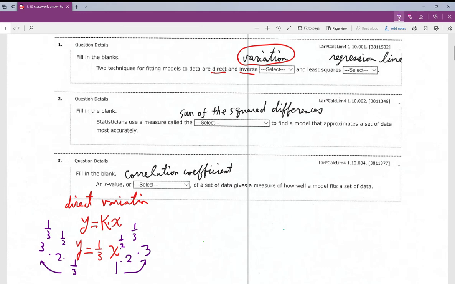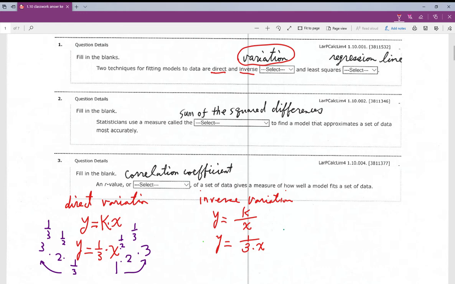And the other one we mostly use is called inverse variation. Inverse variation, this time x is in the denominator with a constant number k. For example, y equals 1/3 with x in the denominator.